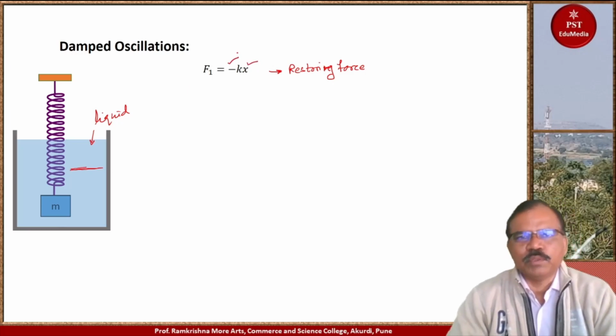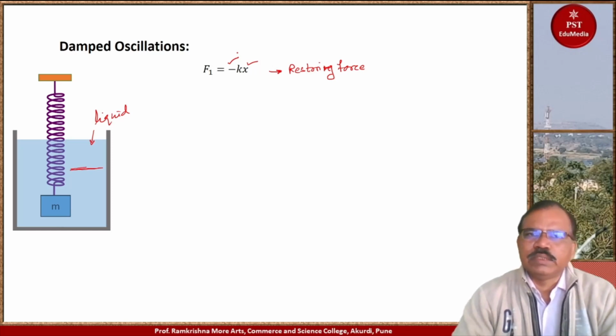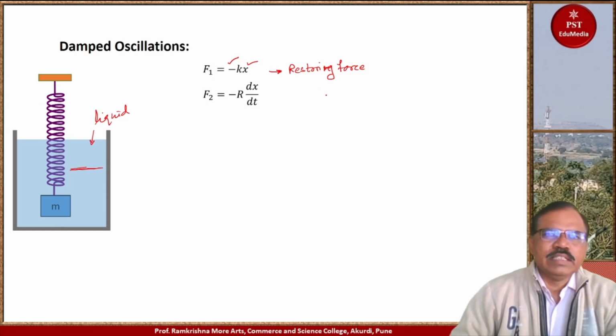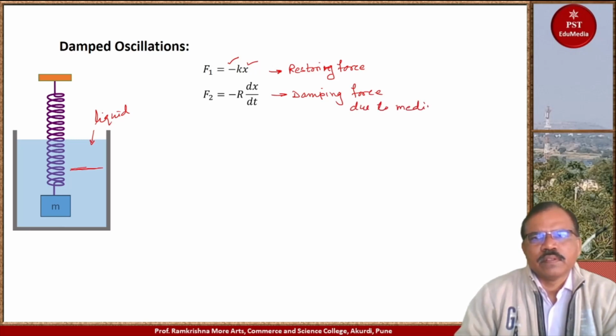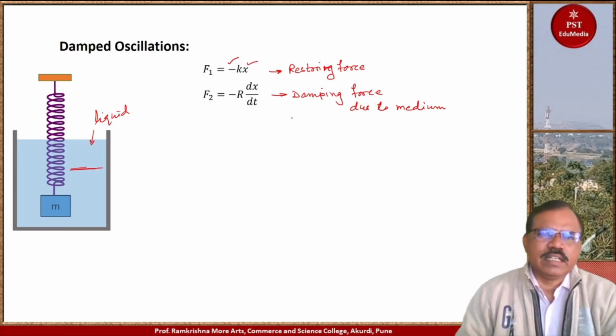The minus sign gives you opposite in direction, opposite to displacement. Now there is another force. This force is called damping force, and this force is due to the medium in which the oscillator is oscillating.